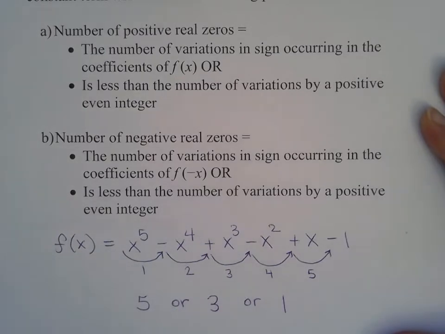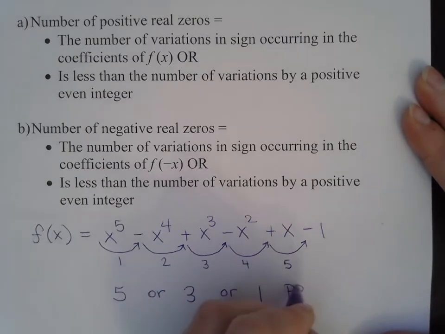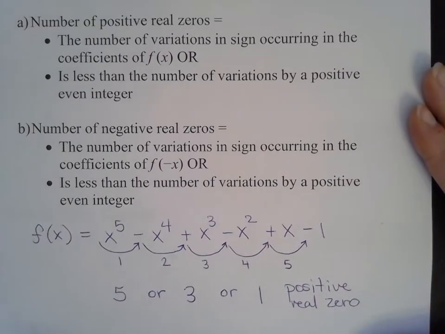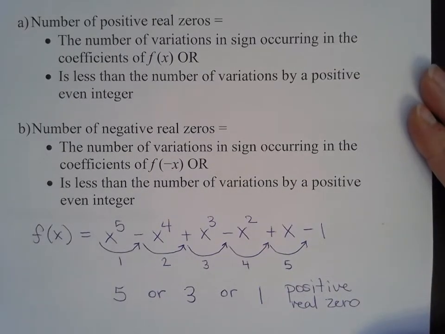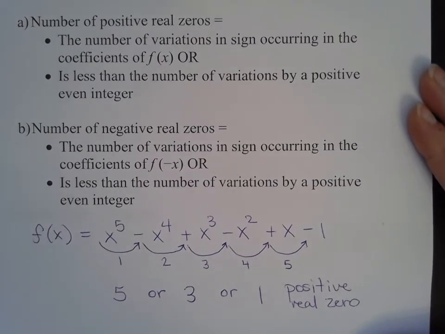It could be that I have 1 positive real zero. Okay, so like the rational zeros theorem, it does not tell us what the zeros are. It does not always give us a definitive answer, but it helps.